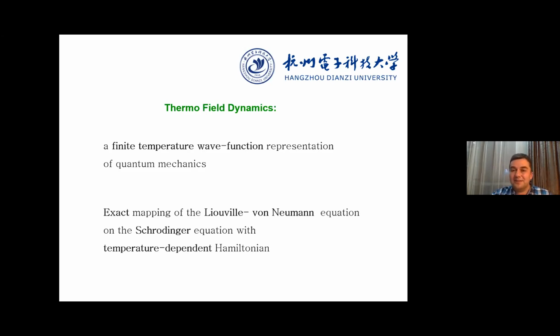I emphasize that the mapping is exact, no approximations. So it allows reformulation of the Liouville von Neumann quantum equation at finite temperature into the corresponding Schrödinger equation with explicitly temperature dependent Hamiltonian.